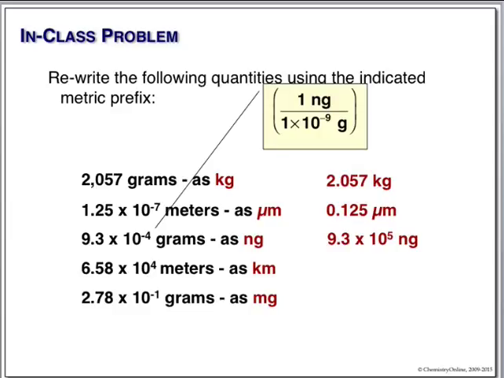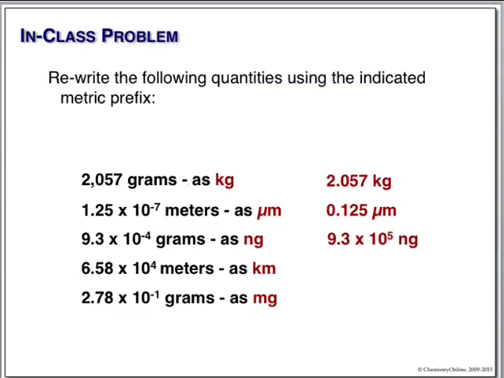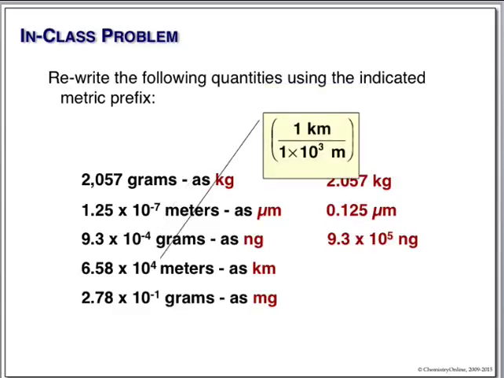Meters and kilometers again. We've already done kilo, we know that's 1,000. We need meter in our denominator. We can do it with this one. Our exponents will subtract, and we get about 65 kilometers.